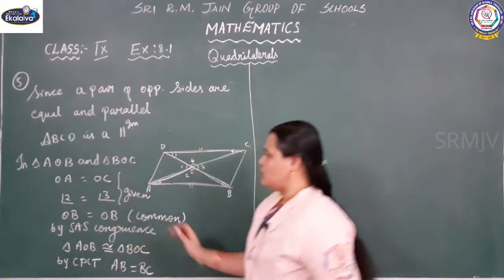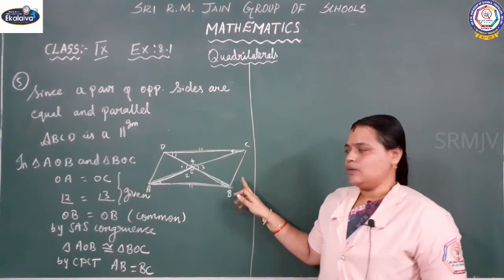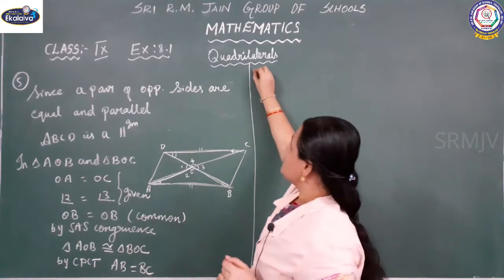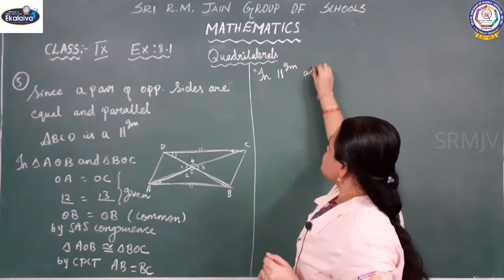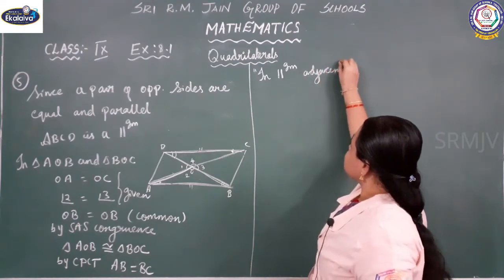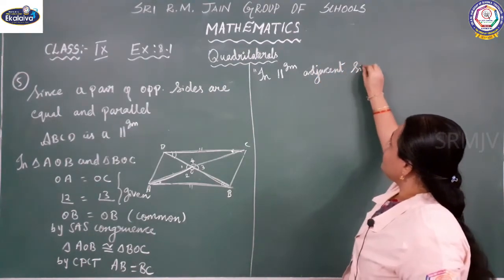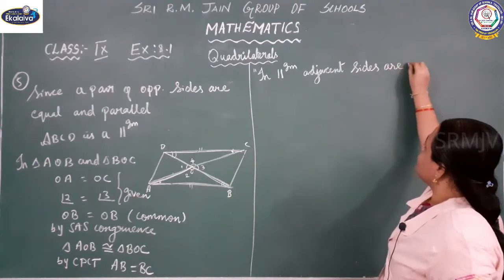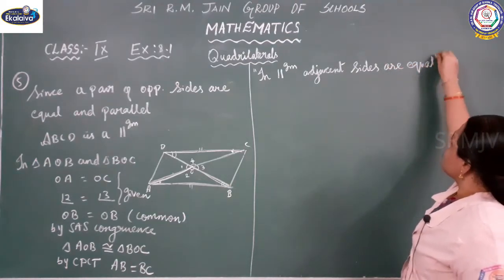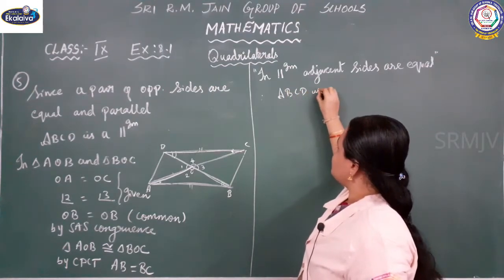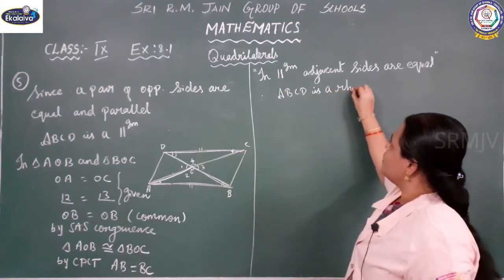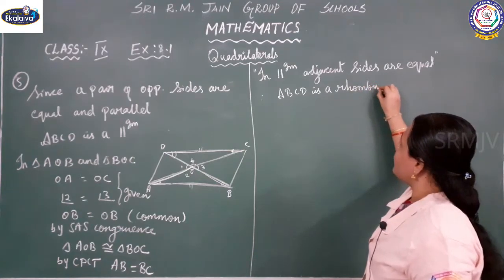So in a parallelogram, if adjacent sides are equal, it will become a rhombus. So in the parallelogram, adjacent sides are equal. So therefore, ABCD is a rhombus.